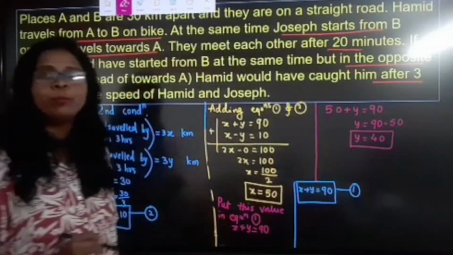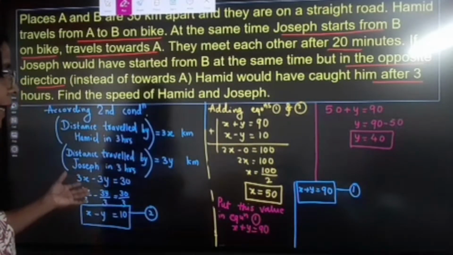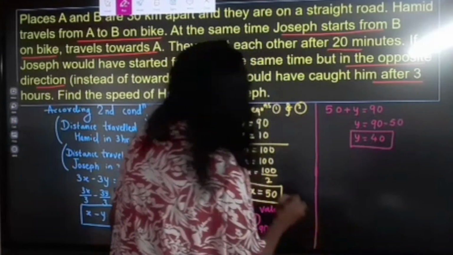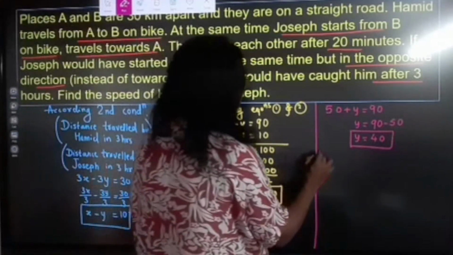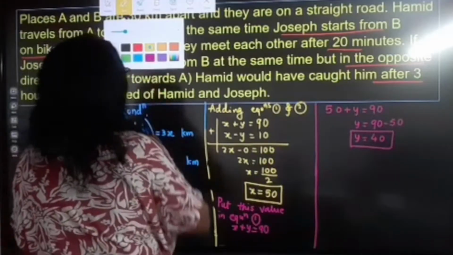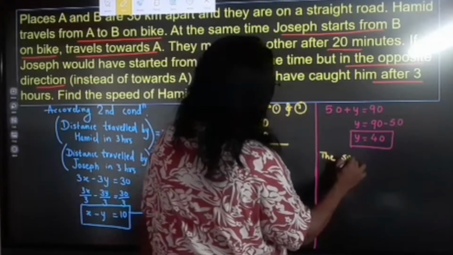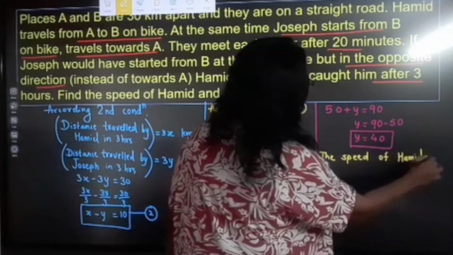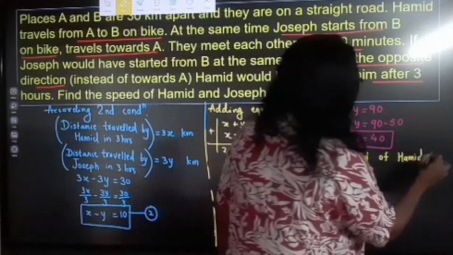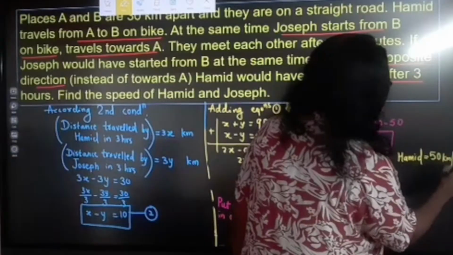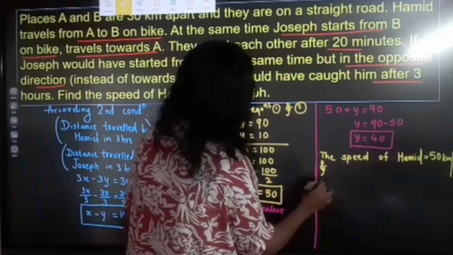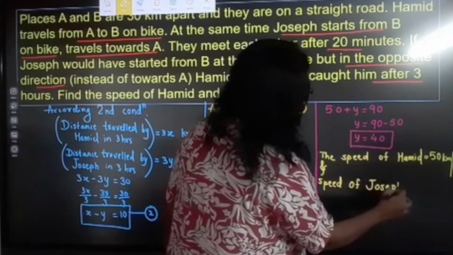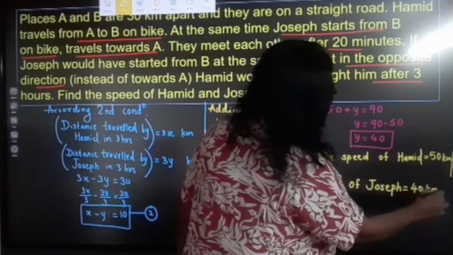So now students, we have both the values x and y, and then we say that the speed of Hamid is equal to 50 kilometer per hour and the speed of Joseph is equal to 40 kilometer per hour.